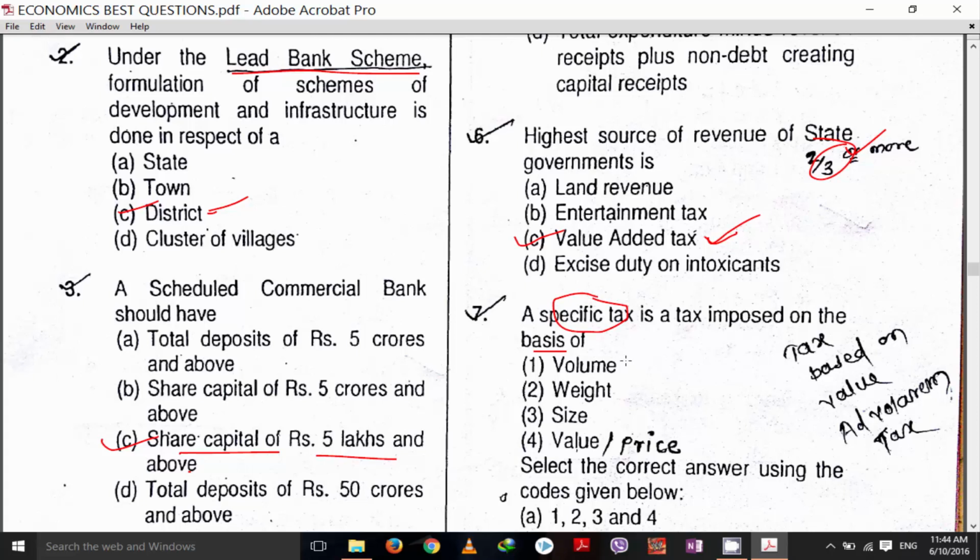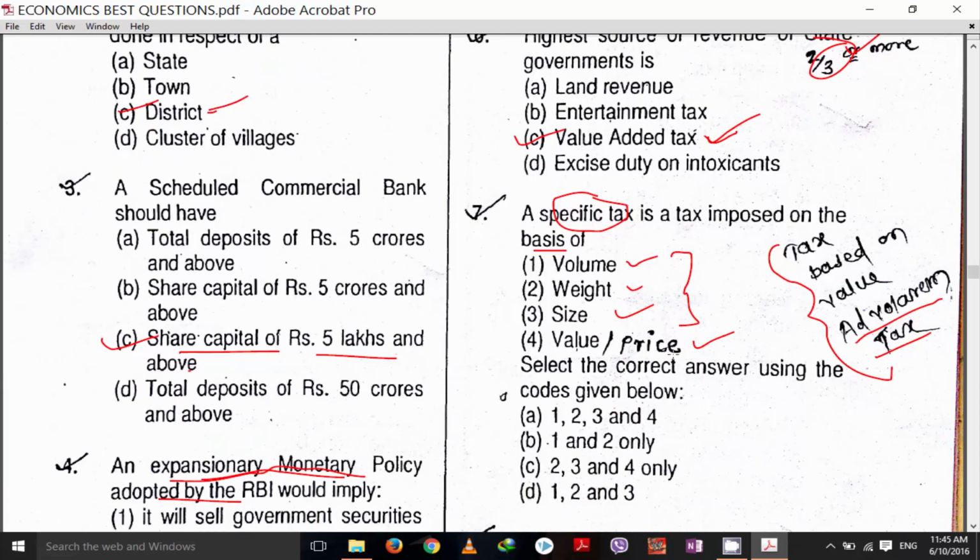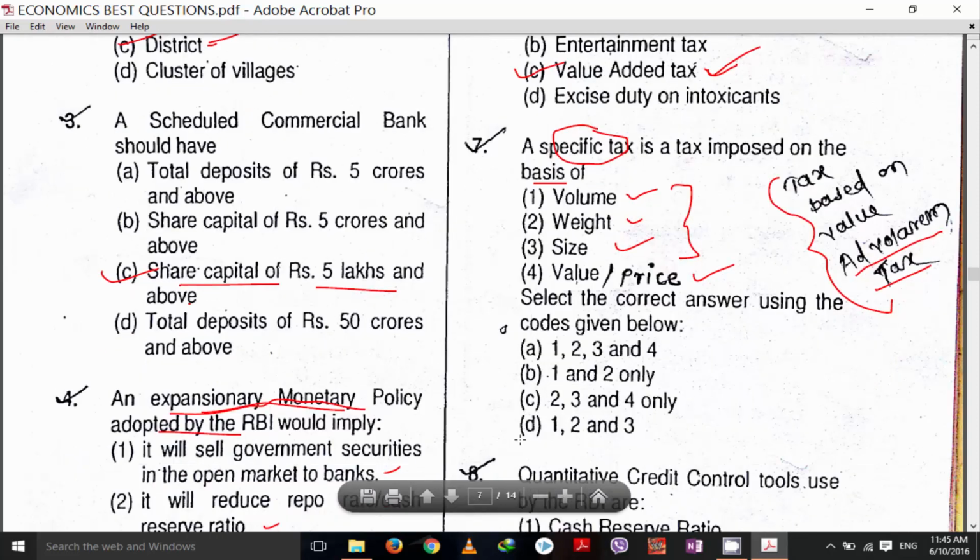It is on the basis of volume, weight, size. And if the tax is imposed on the value or price, then we call it ad valorem tax, based on value or price of the commodity. So what will be the answer? It's D. 1, 2 and 3 are correct.